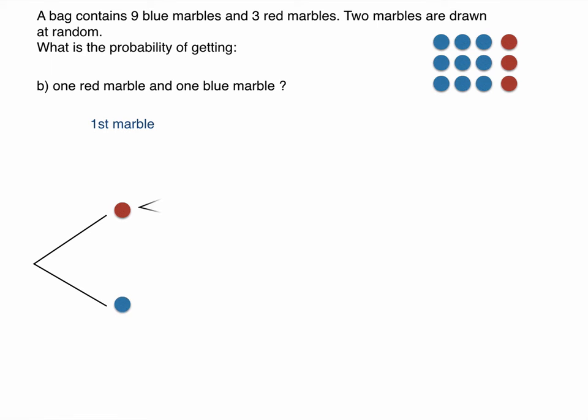And notice in this part of the diagram, we've drawn a red marble first, followed by a red or a blue. Or if you drew a blue marble first, it too may be followed by a red or a blue. So we're after the probability of getting 1 red marble and 1 blue marble. So that's here and here.